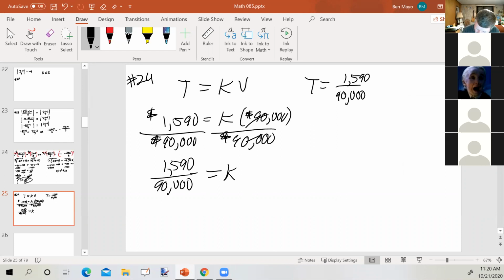But since I'm just going to be multiplying it, determine property tax on a complex that's assessed at $438,000. So we're going to take 1590 times 438,000 divided by 90000, and we come up with $7,738.